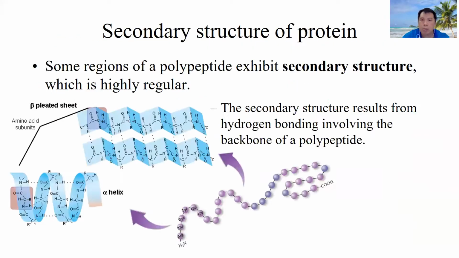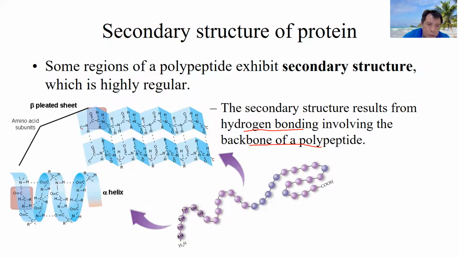Now look at the structure. Some regions of the polypeptide attribute to secondary structure which is highly regular. This one we know as an alpha helix, and this is the beta sheet. These two secondary structures are derived from the primary structure, and the hydrogen bonds involve the backbone of the polypeptide.